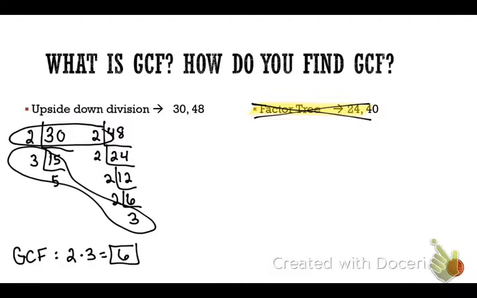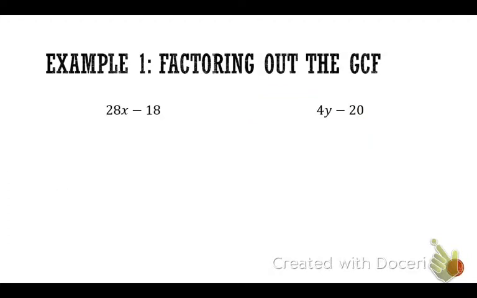So how does this apply to factoring? You have to do this method if you cannot figure out the GCF. Another way to figure out the GCF is to mentally count factors.